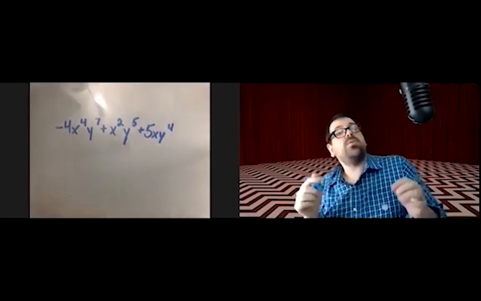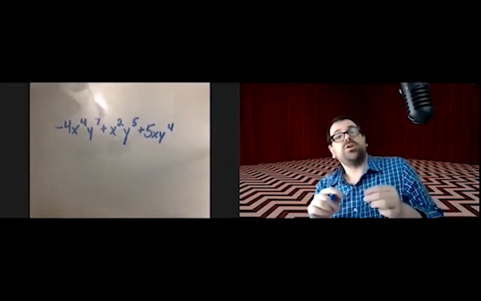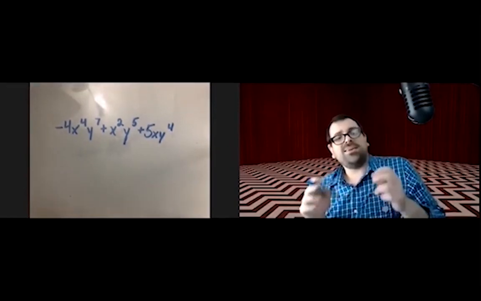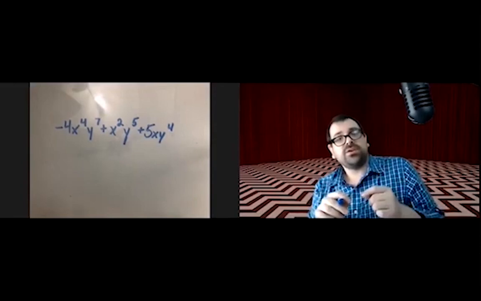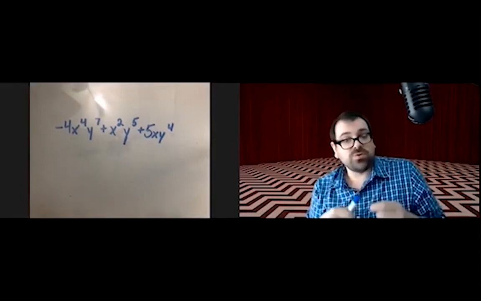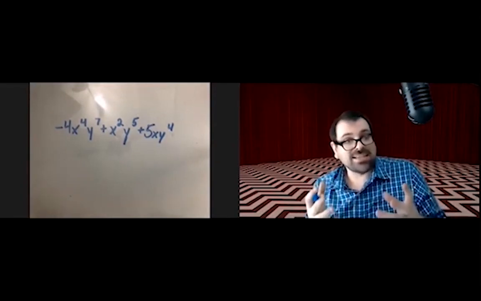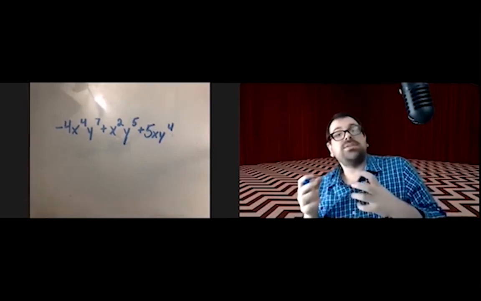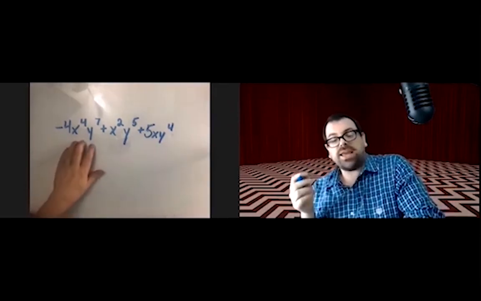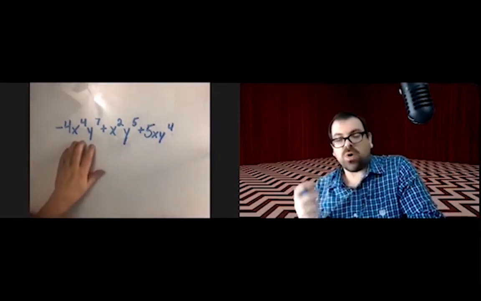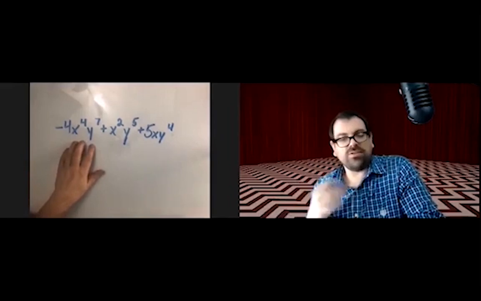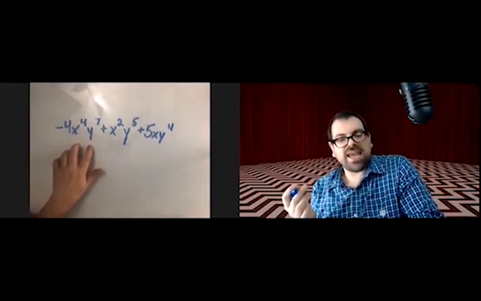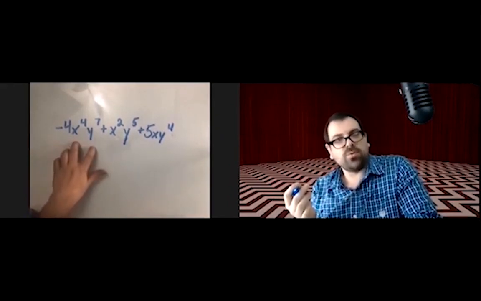Well, it turns out when we have 2 variables in the same term, we add the exponents, just like with our exponent rules. When we multiplied, we added the exponents. We still add the exponents to get the degree. Now, we can't turn this into x, y to the 11th. This can't be anything but x to the 4th, y to the 7th.